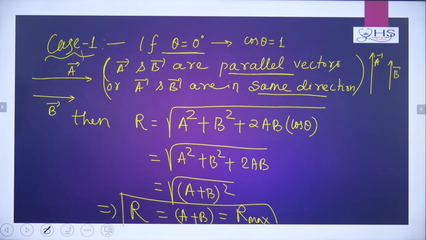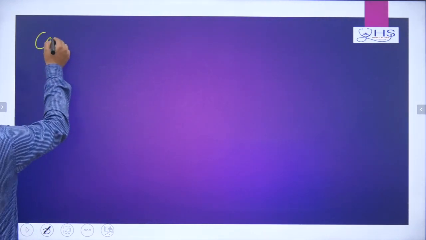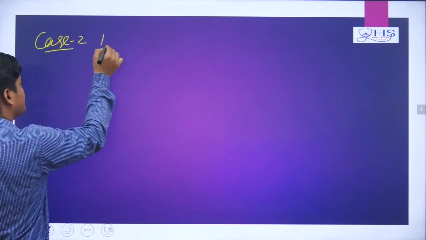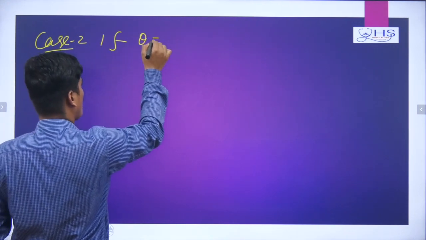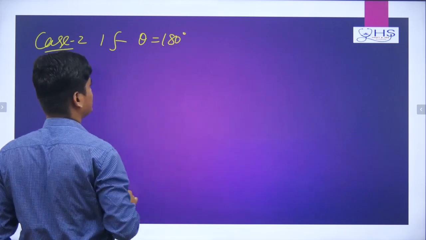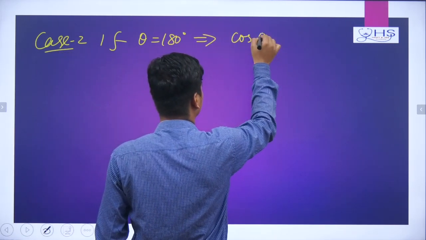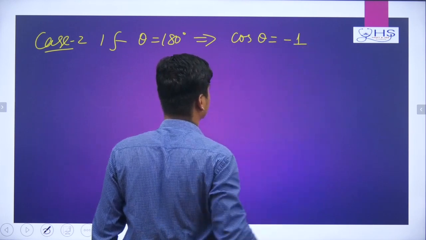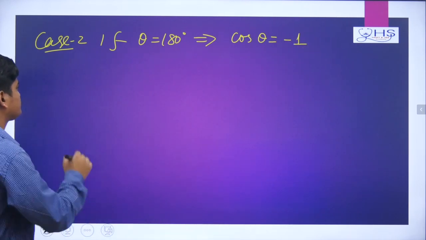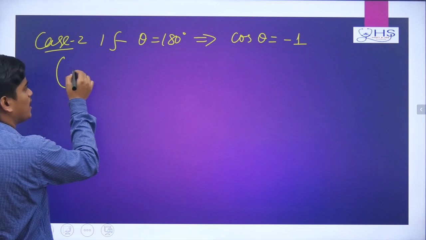Now similarly, understand case 2. Now here, case 2, what is it telling? If theta equal to 180 degree. So what is theta equal to 180 degree? Theta equal to 180 degree means, remember, cos theta will be minus 1, because cos 180 is minus 1. And what do you mean by theta 180?